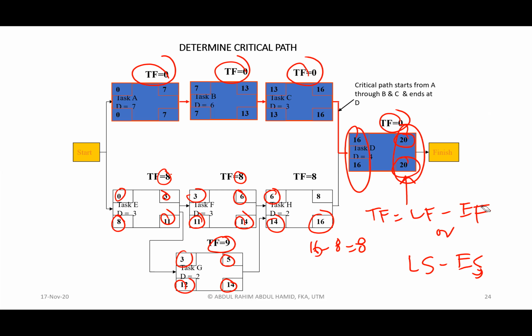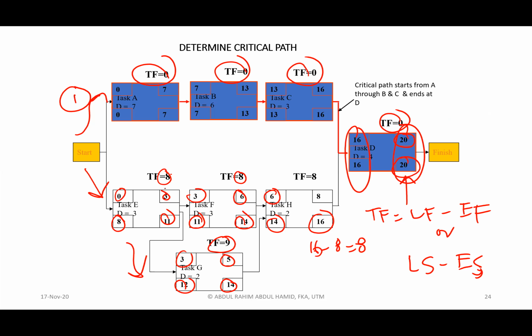So you notice that the other paths do have total float values, meaning to say they are not critical, they can be delayed. But you must understand, in this diagram, there are 3 paths. One is here, this is the first path, then this is the second path, and this one is the third path. The total float values are being shared among the paths.